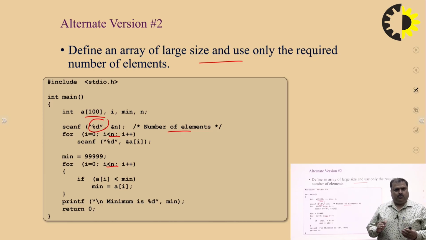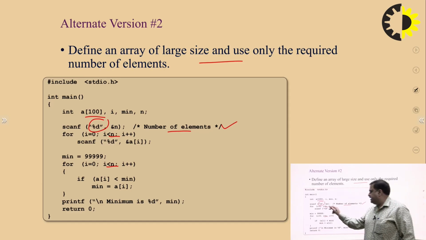So what we need to do: either we can go for macros if we have a changing requirement later, or the best thing, which I find, is to first take the number of elements and then initialize.